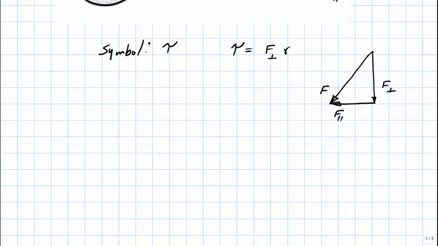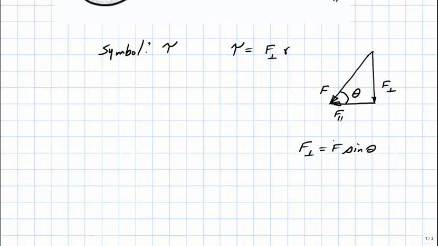And of course, this is our angle. From this triangle, we can note that the perpendicular component is the opposite side, and of course the opposite side is related to the sine of this angle through the following relationship. We know that F perpendicular just equals F times the sine of theta.